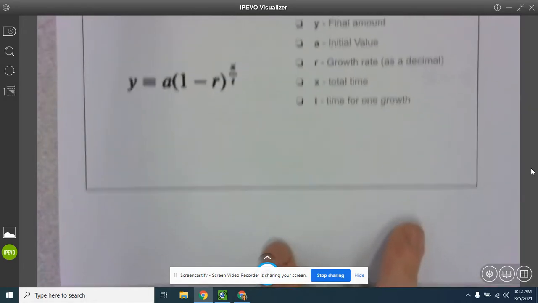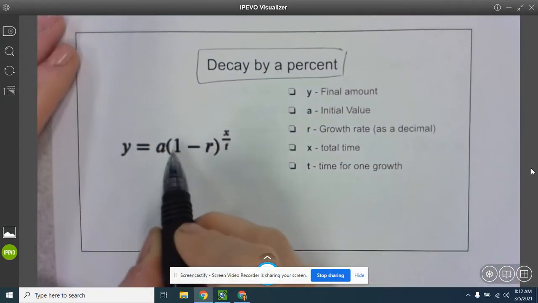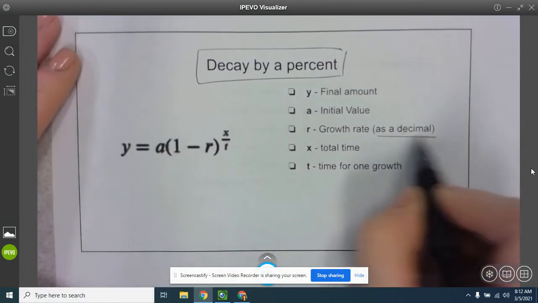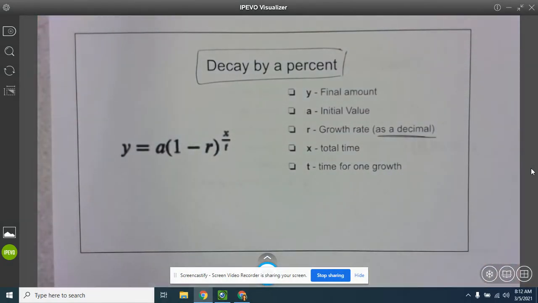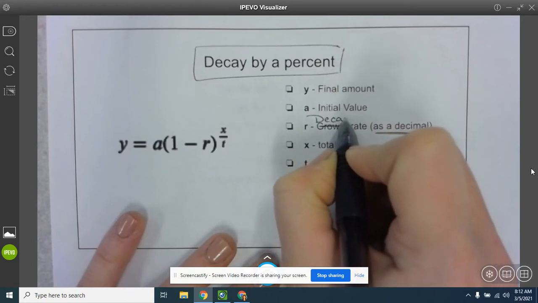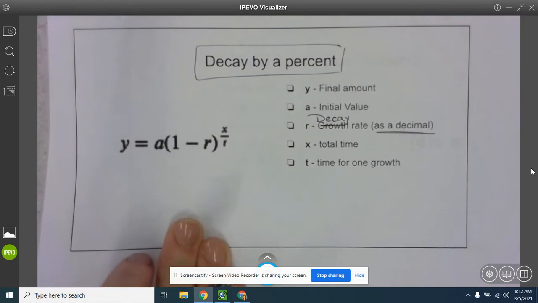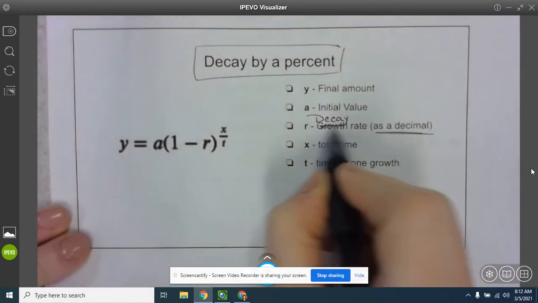Similarly, if it's decay by a percent, instead of 1 plus r, we're going to see 1 minus r, because we are going down a certain percentage. So the decay rate as a decimal. So almost the exact same equation, it's just minus instead of plus. And this is decay rate, not growth rate.